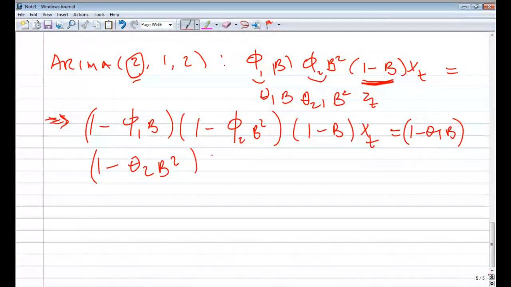Right now, what are you writing there? Is it still the same thing? Yes, we are just trying to expand the one above. Actually, I just expanded phi 1b as 1 minus phi 1b, then phi 2b squared is 1 minus that one, and so on.